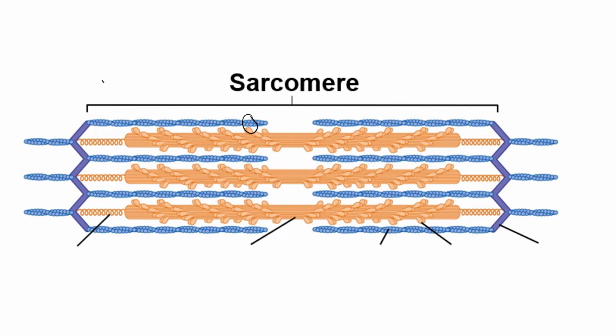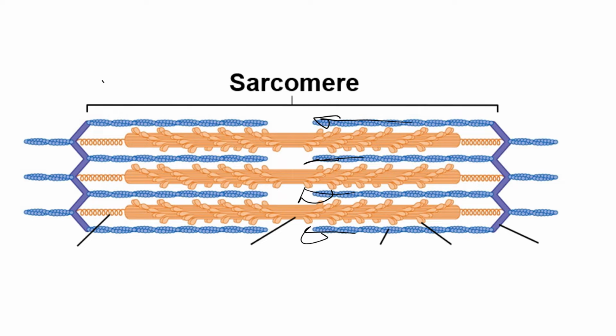So the basic explanation would be that when the sarcomeres shorten at a very high velocity, that means actin is moving over myosin at a very fast rate. That's a fast shortening velocity.